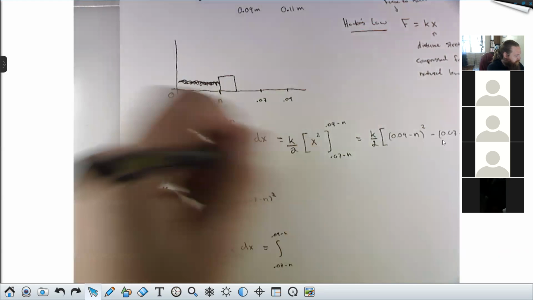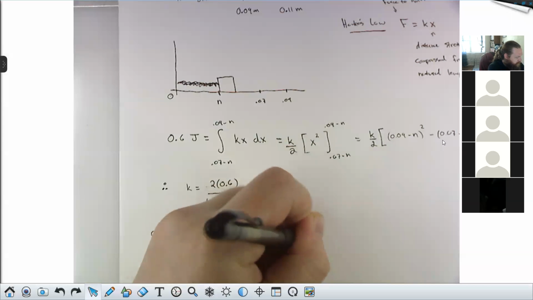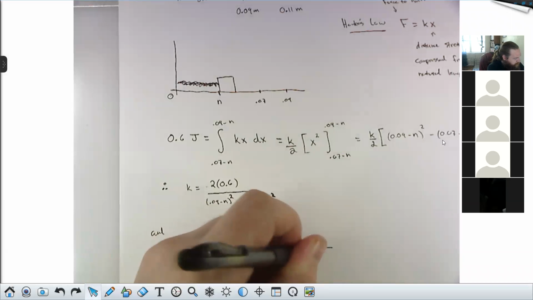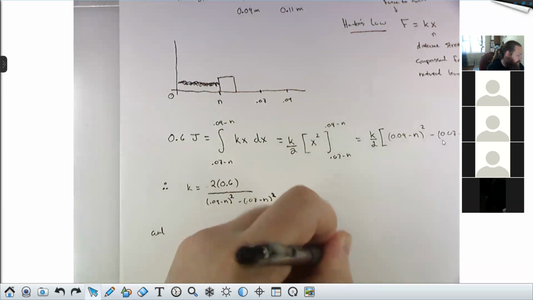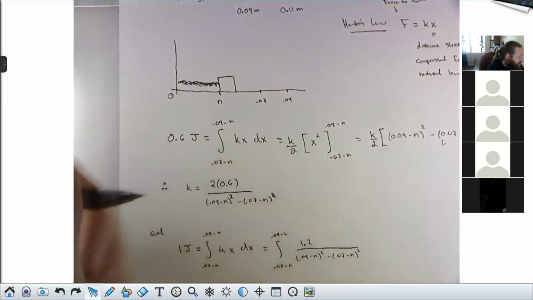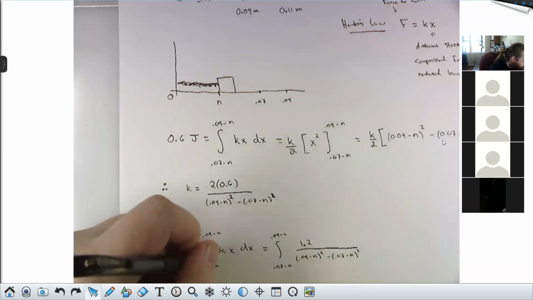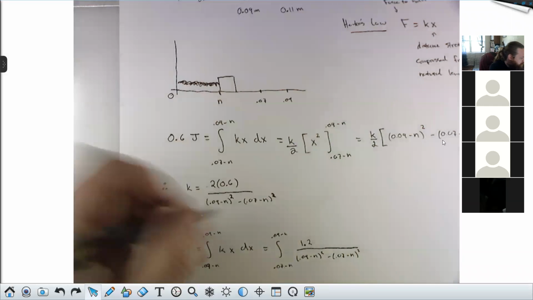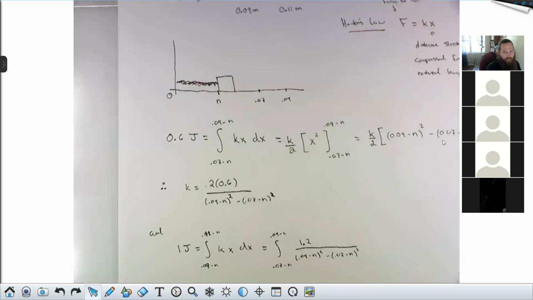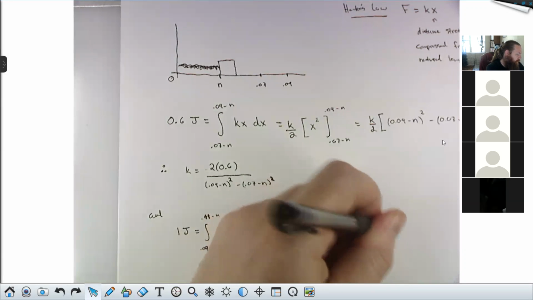So 2 times 0.6 is 1.2, over (0.09 minus n) squared minus (0.07 minus n) squared. Sorry, this should be 0.09 to 0.11. So that's your k, times x dx.